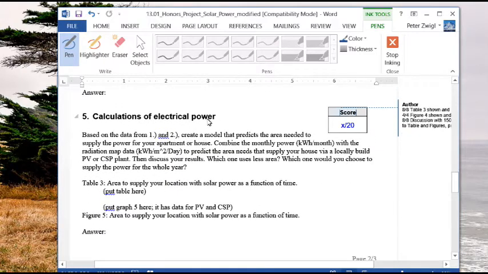Now, the next part is to do the calculations of the power. So you have the monthly power from part 1, your kilowatt hours per month, and you have the kilowatt hours per meter square per day converted over to per month now, and you can divide this value by this value, and then the meter square will become the numerator, and that's what we're looking for. So create another table here where you're going to find the area that is needed to supply the amount of power for your house, for your location.